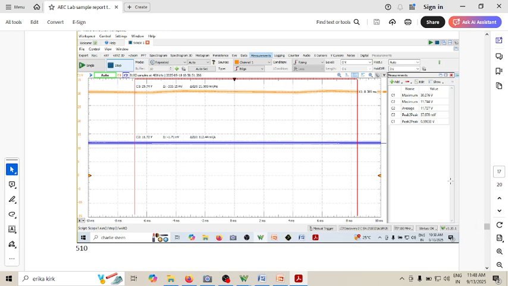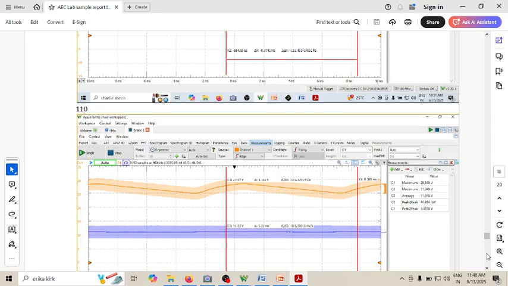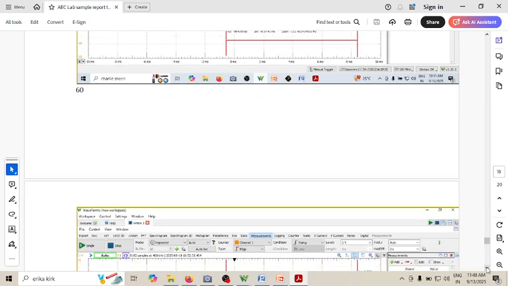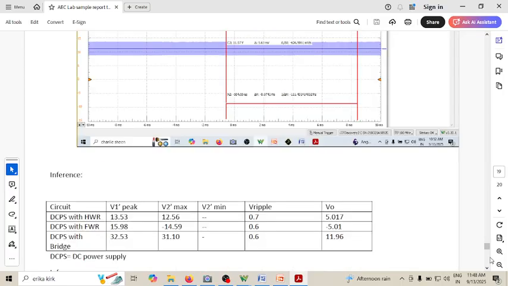You keep an eye on C2 average. It is reducing from 11.9 to 11.7, then 11.5, then 11.11, and then down to 11 volt. You can see from 12 it has become 11.